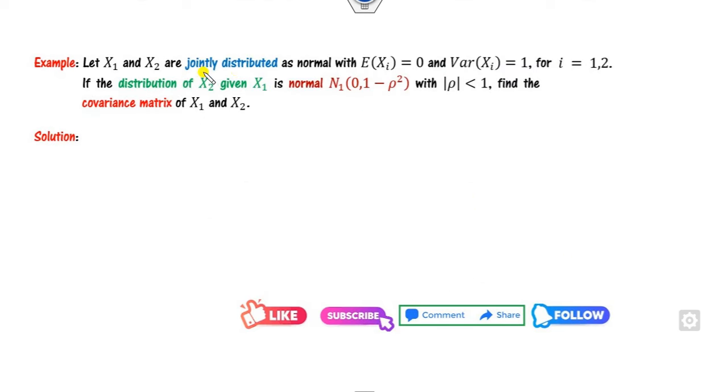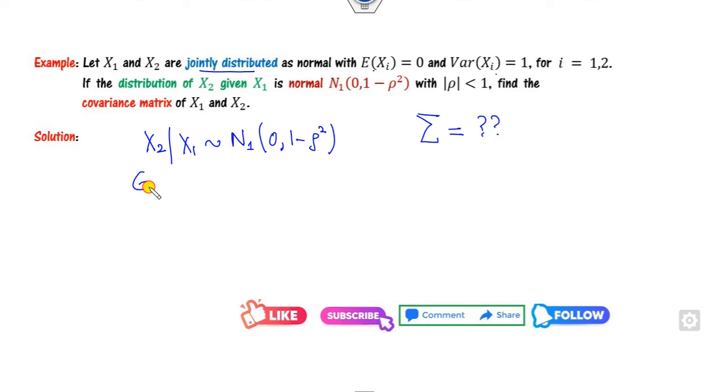If x1 and x2 are jointly distributed normals with mean 0, variance 1, and the distribution of x2 given x1 follows a normal distribution with mean 0 and variance 1 minus rho square, then find the covariance matrix of x1, x2.